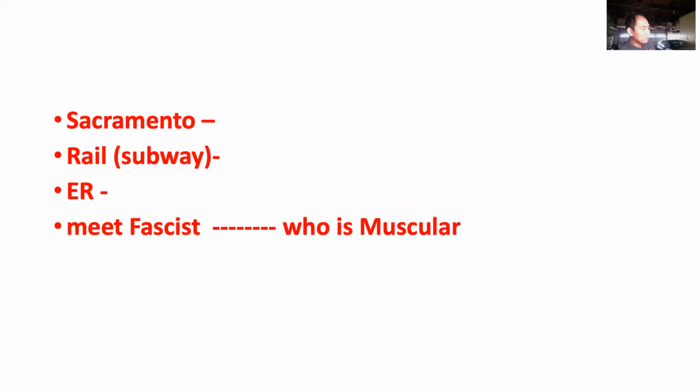A way to remember is: you live in Sacramento, you take a rail, subway, and you go to ER, and you meet a person who is a fascist, but that fascist is quite muscular. So Sacramento is equivalent to sarcomere. Sarcomeres together become myofibril.